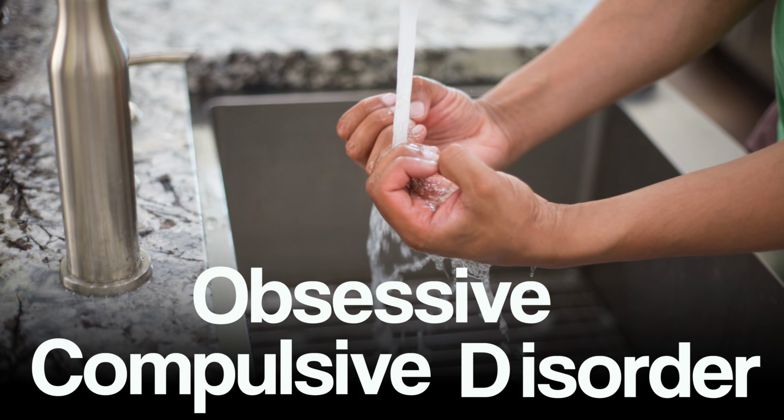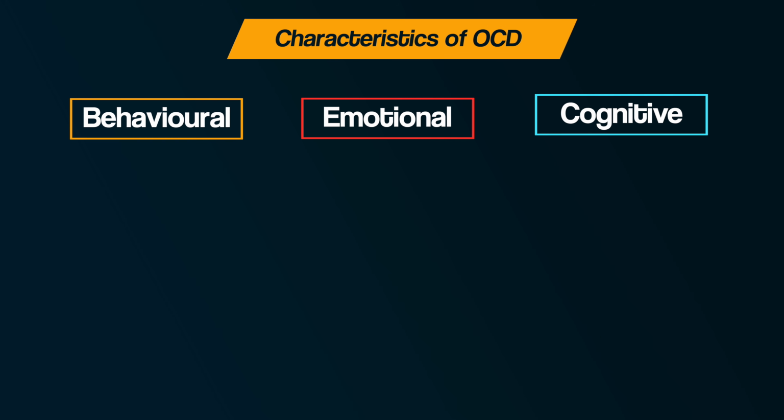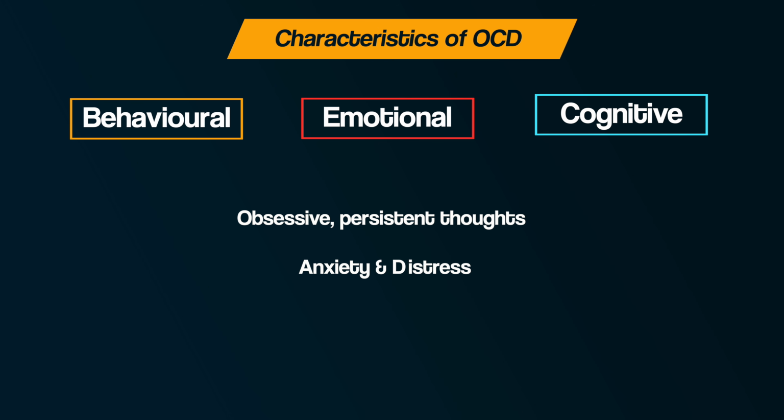Great work, 3/4 of the way there. OCD next. I'll say a characteristic and you decide if it's behavioural, emotional or cognitive. Obsessive, persistent thoughts, anxiety and distress, compulsions and repetitive behaviours.